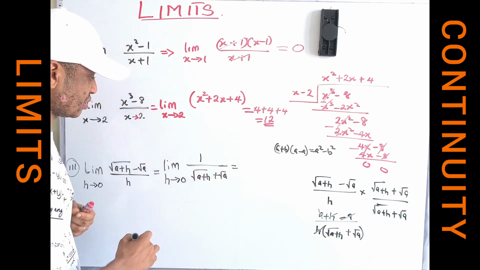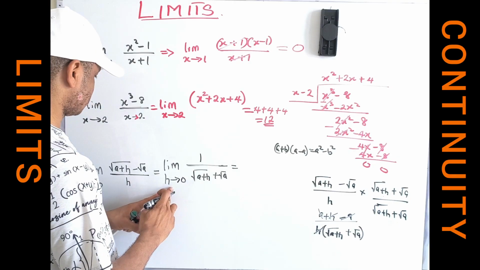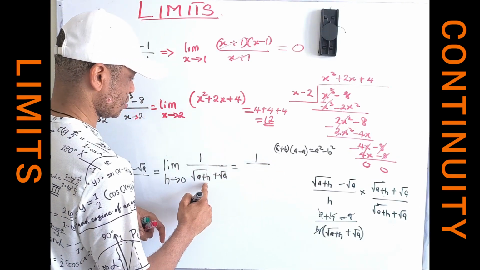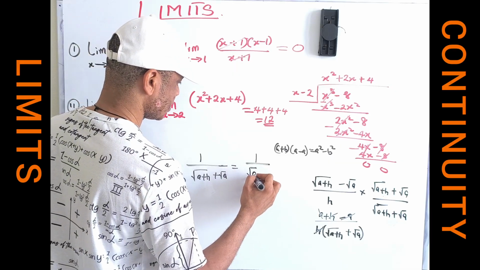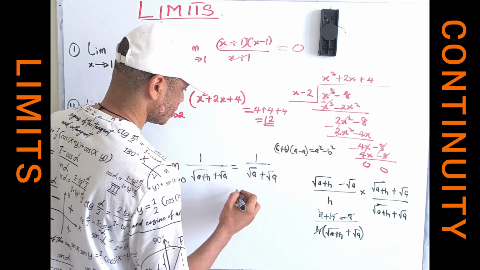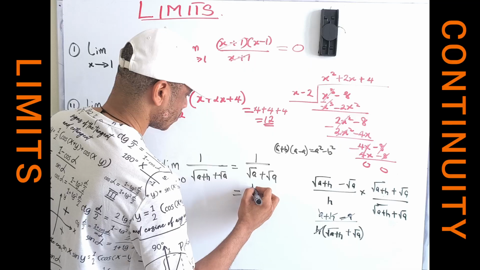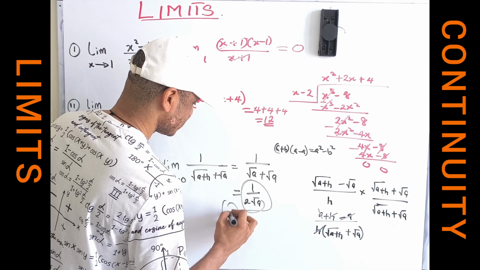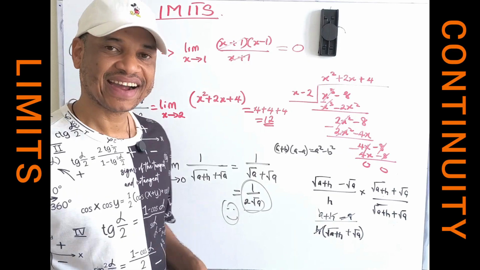So I just need to substitute 0. So 1 over square root of a plus square root of a, that will give me 1 over 2 square root of a. So this is my answer.